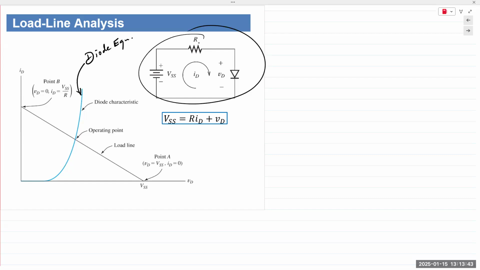Again, two unknown variables, you need two equations. If you try to solve it graphically, you need two plots. One plot is the diode equation plot, resulting in the diode characteristic. The second one describes the external circuit, which in this case is the voltage source VSS and the resistor R. The intersection point of these two plots gives us something known as the operating point of the diode.